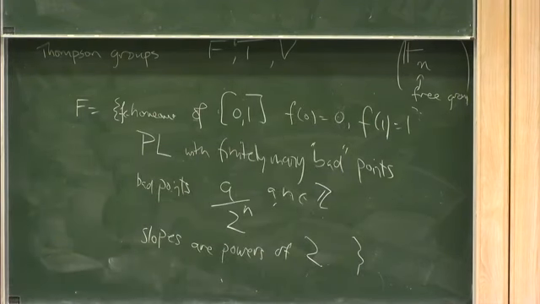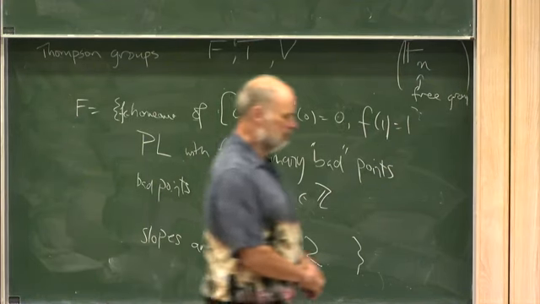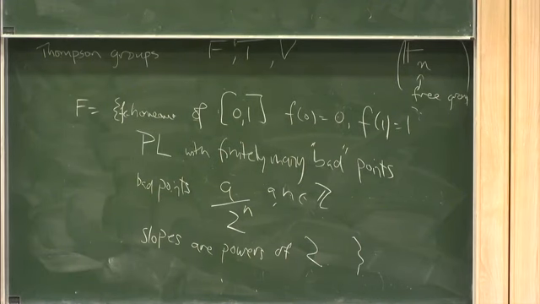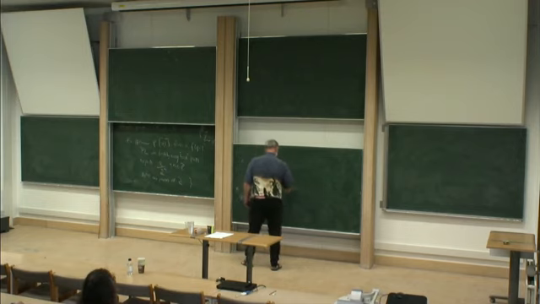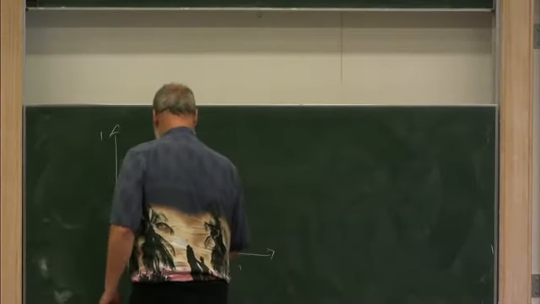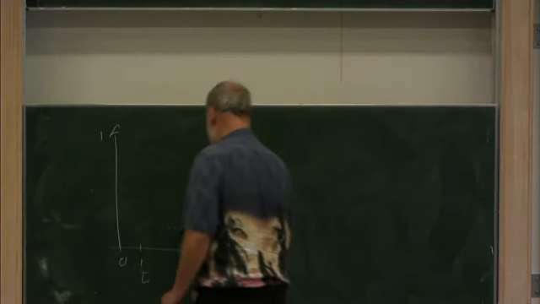So just in case you've never seen these groups before, there's probably some people who haven't, let me just point out a few things about them. First of all, if you want to give one, you can always do it by its graph. Right, this is 0, 1. This is 0, 1. And here would be a nice Thompson group element.